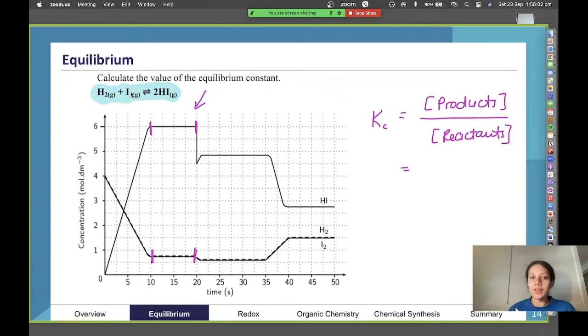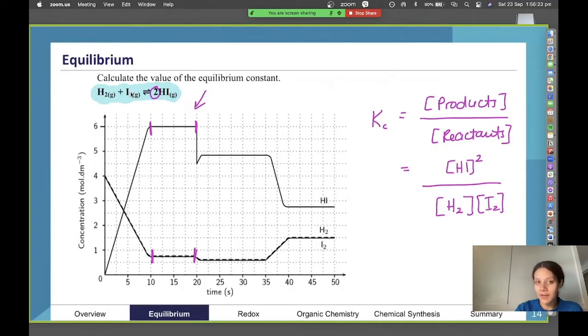Specifically our products, we have the HI gas, so we'll put the concentration of that, and it's to the power of 2 because of the coefficient here. And for reactants on the bottom, we have our H2 gas and our I2 gas. Neither of those have any powers because they don't have any coefficients. They've only got 1 in the front.